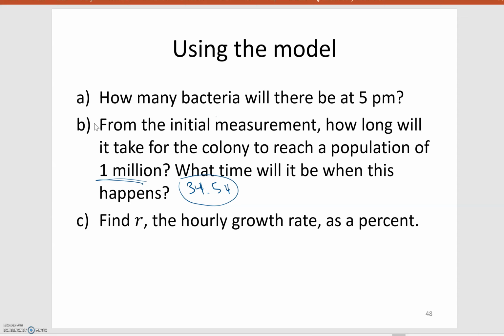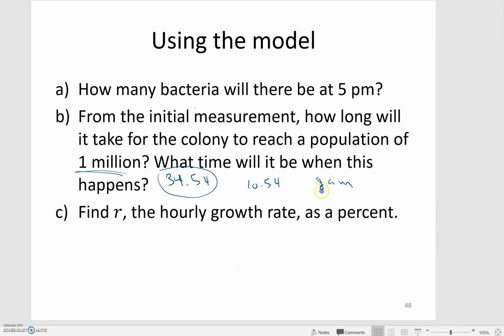So if we started at 8 a.m., 24 would be the next day, and then we've got another 10.54 hours after 8 a.m. the next day. So what does that get you to?